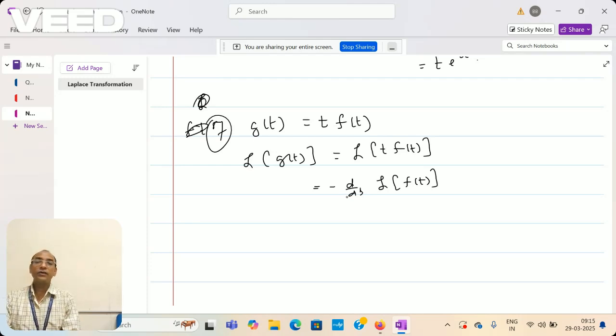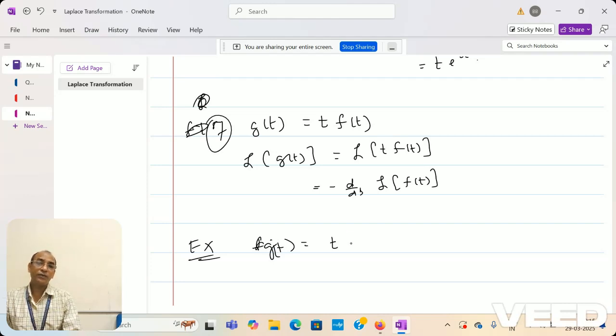Like this we can find it. Suppose I take an example, g of t equal to t into e to the power at, and I want to use this property.